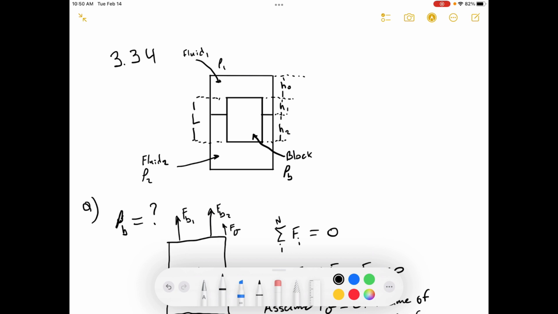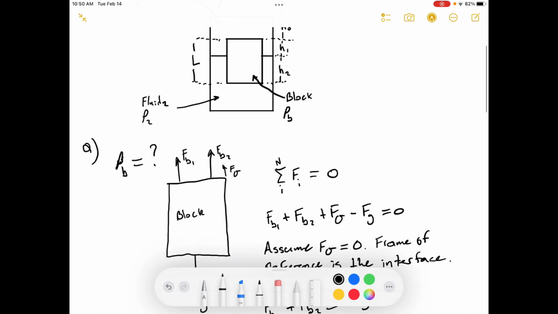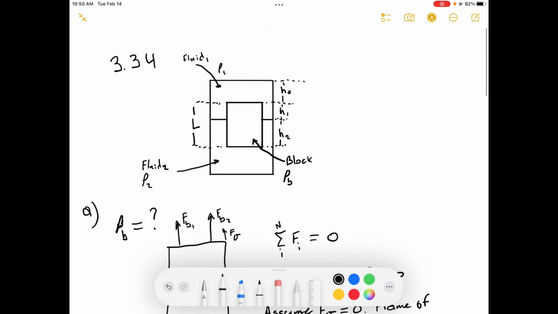Okay, so let's start off with part A. We've got our diagram here. You can see we have the fluid 1 density, we have the fluid 2 density, so we've got fluid 2 in the bottom, and fluid 1 in the top here.